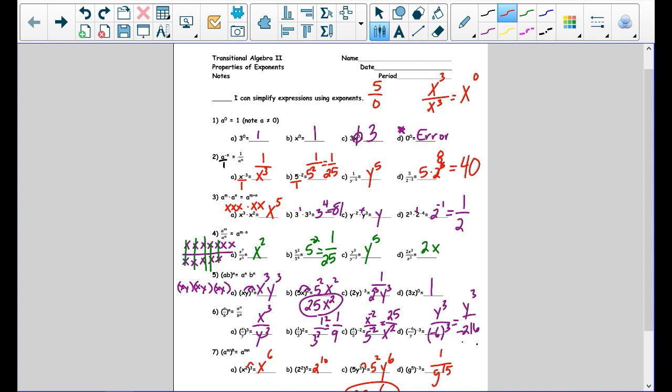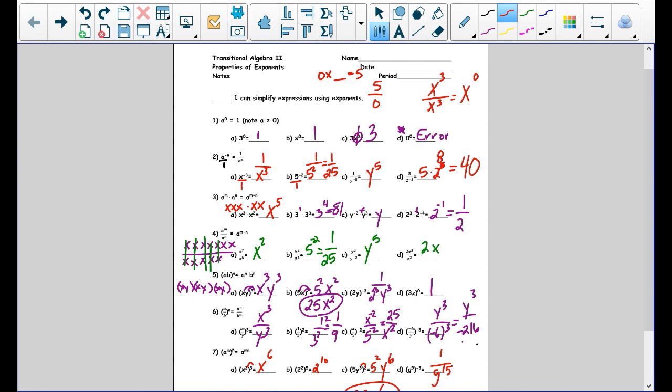No, because remember, this is like saying 0 times what equals 5. Well, I can't multiply anything times 0 to get 5, right? Because no matter what I multiply by, I get 0. So I can't divide by 0. So that's why this ends up being an error message. Because it's like saying 0's in the bottom of that fraction. Does that make sense? Okay.